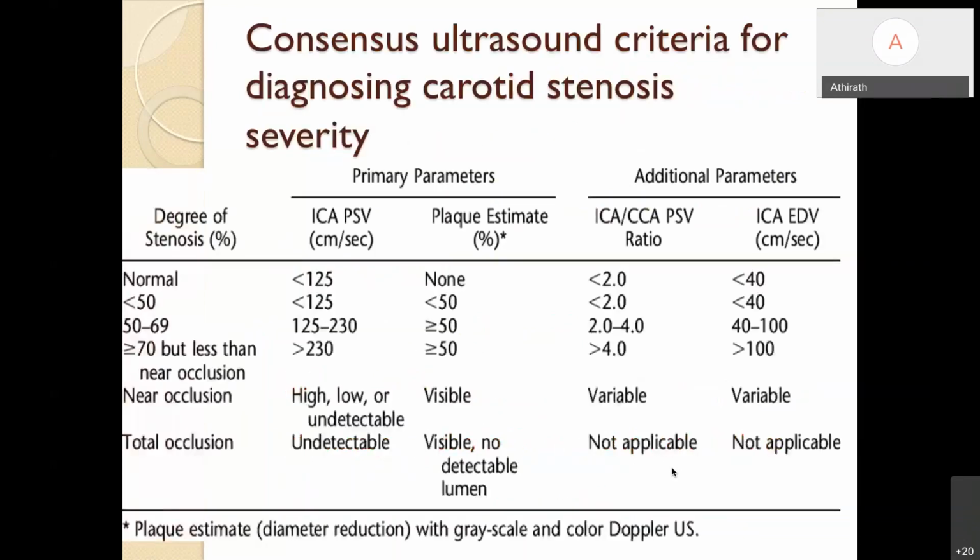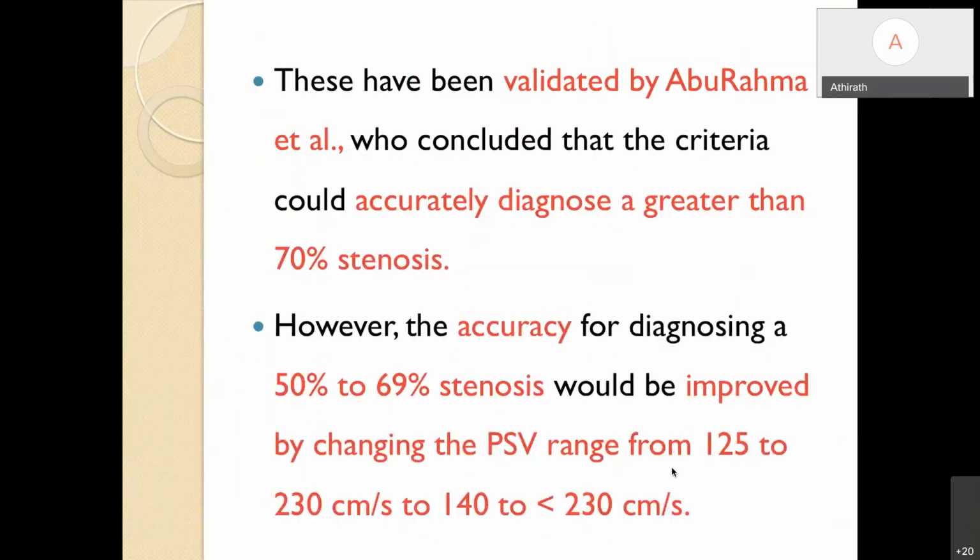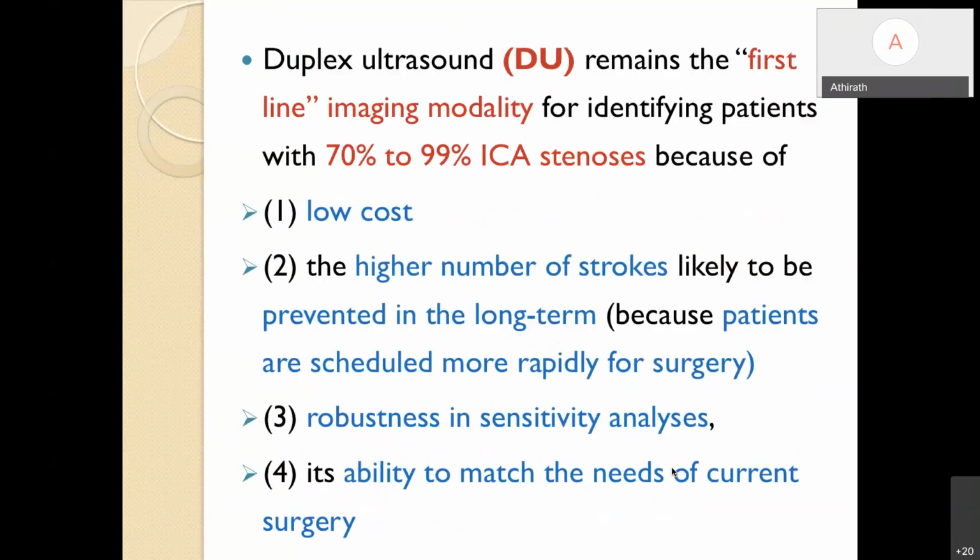As you can see here, the 50 to 69% stenosis is 125 to 230. So when you change it from 125 to 230 to 140 to less than 230, the accuracy increases.